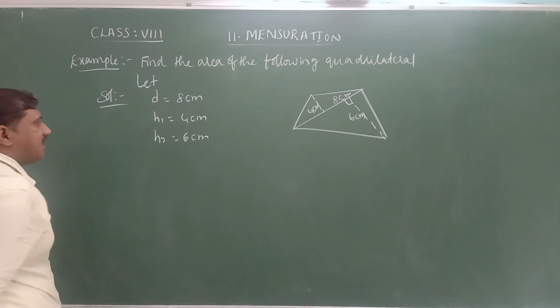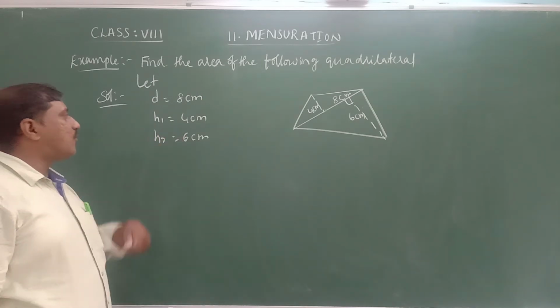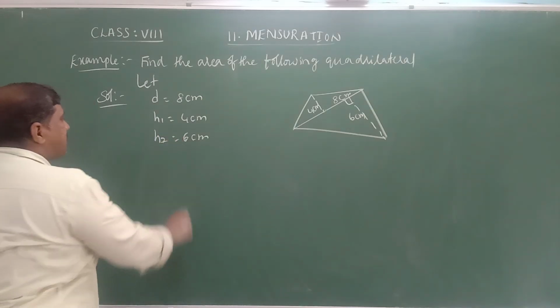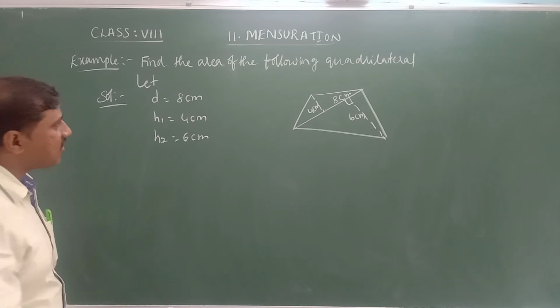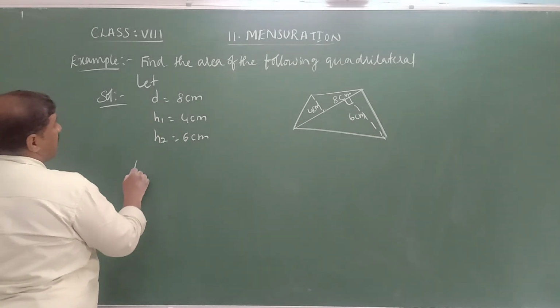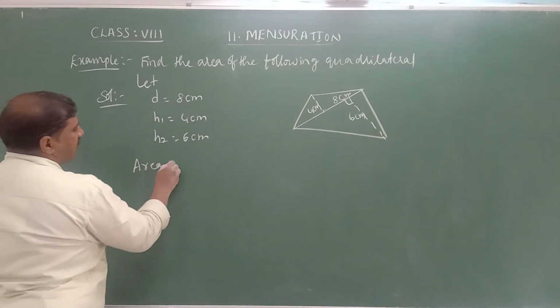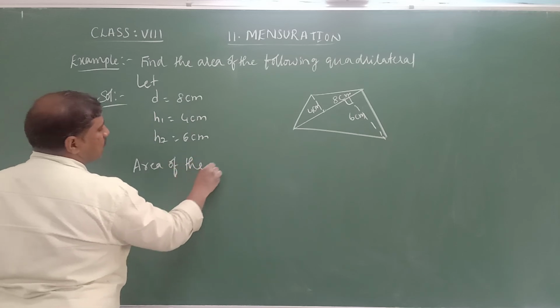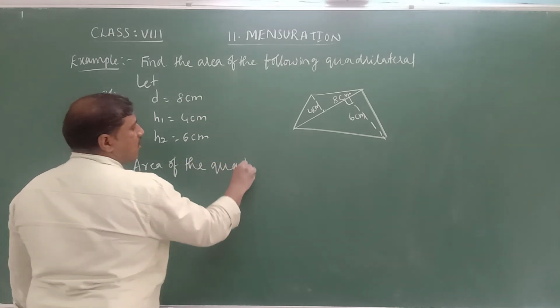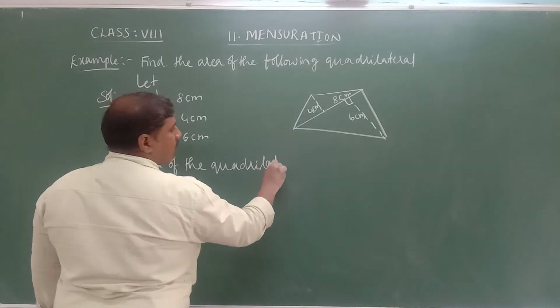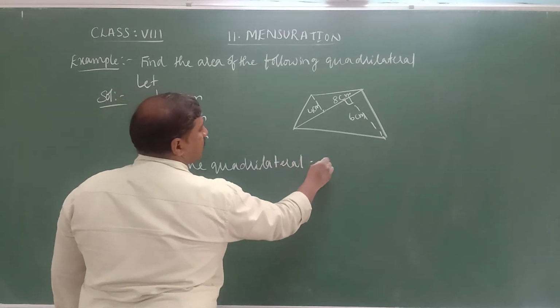We are considering h1 as 4 centimeters, h2 as 6 centimeters and diagonal d as 8 centimeters. Now the area of the quadrilateral is equal to, what is the formula?